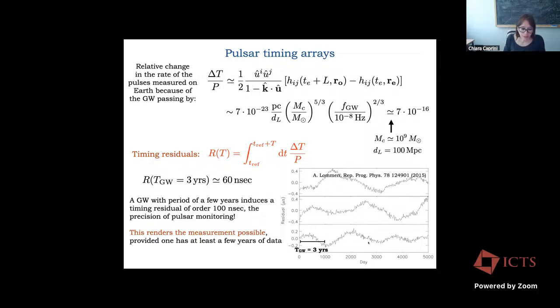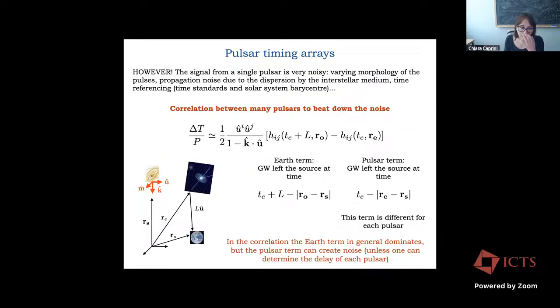Now, what we have seen up to now is very nice, and it gives you the principle of the measurement. But of course, in reality, life is more difficult because there are many sources of noise. So in reality, the signal from a single pulsar is very noisy.